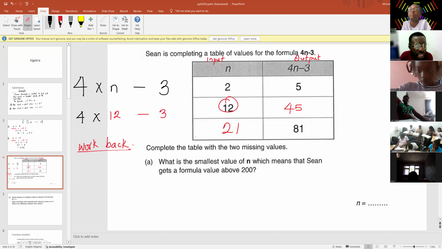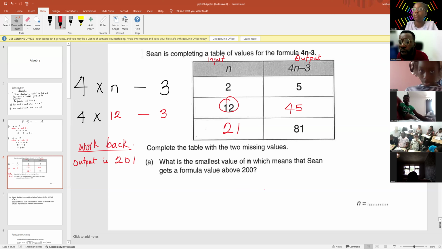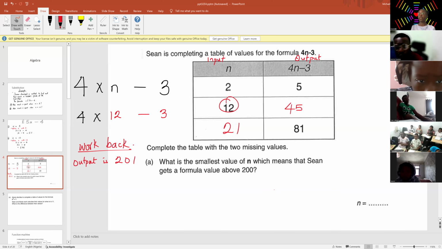So guys, let's take the output as 201. Everybody work back from 201 to tell me the value of N you would get.